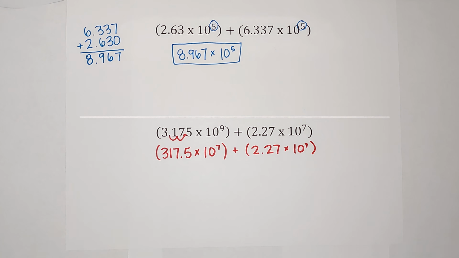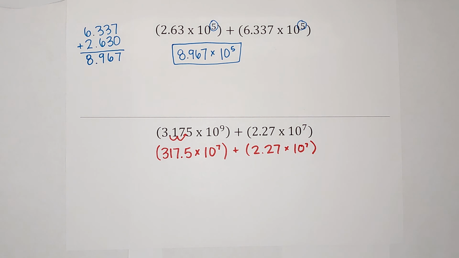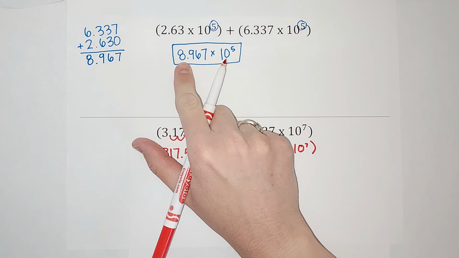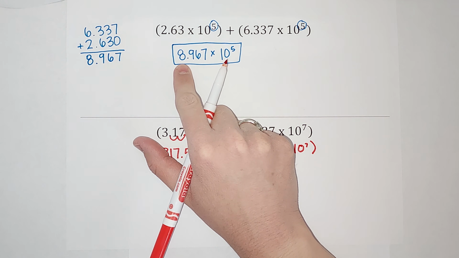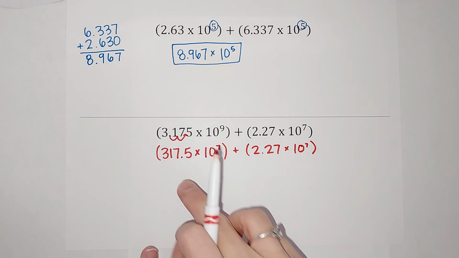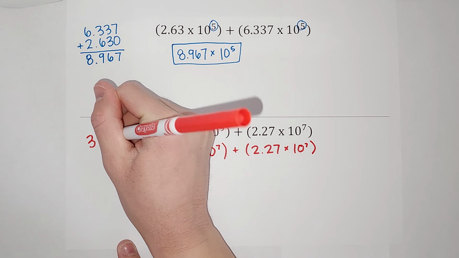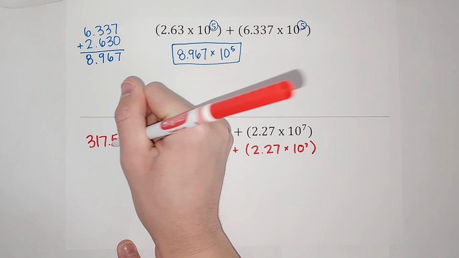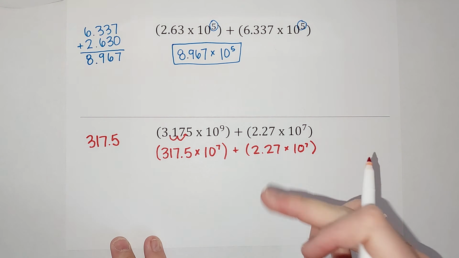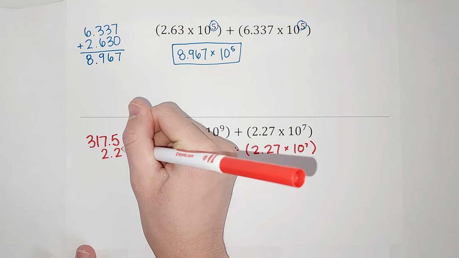Now my exponents are the same, so I can just add these decimals. The only extra step is at the end, we just need to make sure that there's one number in front of the decimal place, okay? We might have to readjust again, but we can do it. So I'm going to add 317.5 plus 2.27, making sure I line up my decimals.